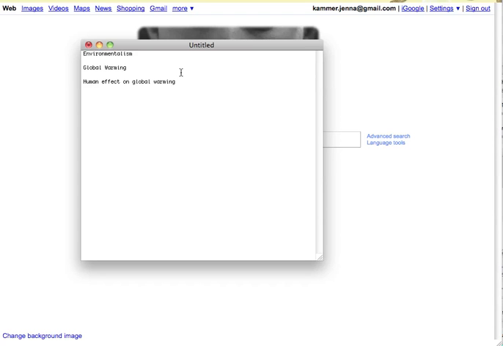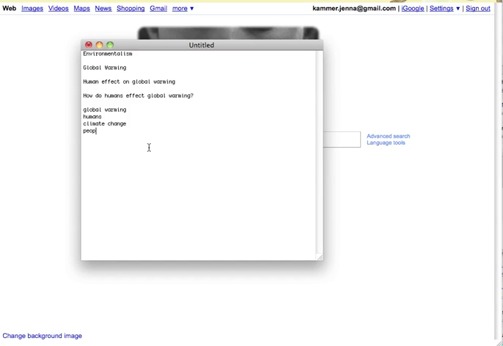Okay, so I'm going to go ahead and make my just right question into, how do humans affect global warming? And when I look at this, I can see that I have some key words here that I would use for searching for information on my topic. I have global warming, I have humans, and some other words for global warming might be climate change.